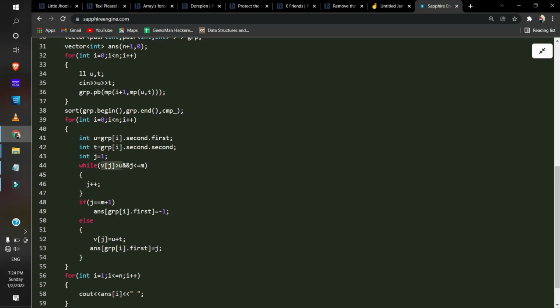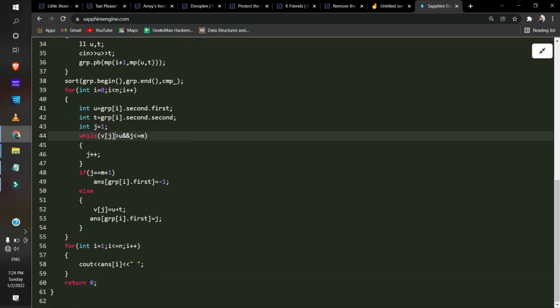While v of j is greater than u, we'll look at the next one. If we have v of j less than u, we put the departure time of that here, and we'll put the answer of that person equal to the index of that taxi. And if we look at all the taxis and don't have any one empty to take the person, the answer of that person should be -1, and we'll output the answer of all the persons at the end.